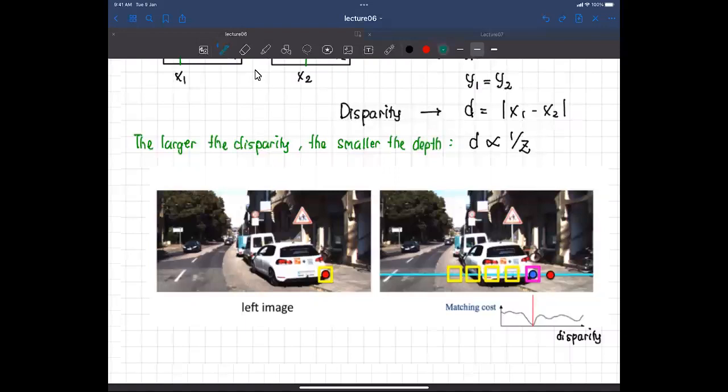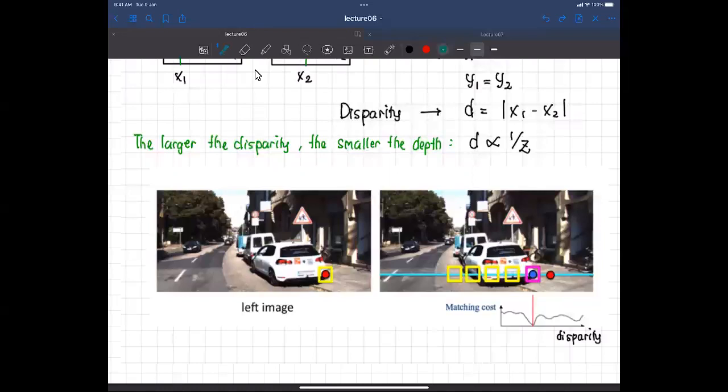The problem is that if it is pixel based, the matching will have too much ambiguity because there are many white pixels. Assume the red point there is a white pixel; there are too many white pixels on the right, so there is a lot of ambiguity.